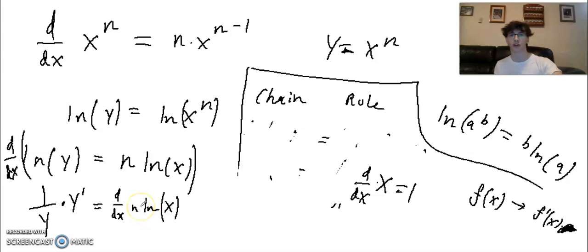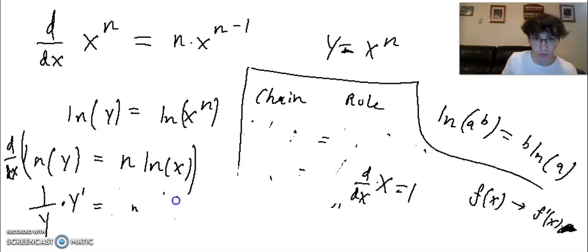And we just ignore the n right here because it's not with respect to x. There's a little bit of an addition rule here, but we're going to touch on that later. But in general, it's just going to be n times 1 over x.